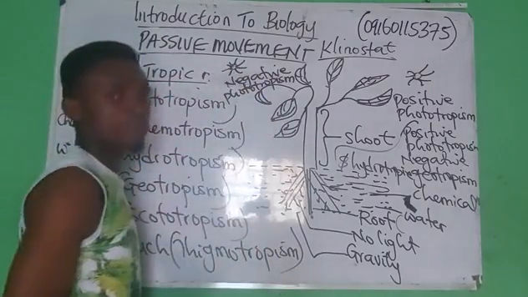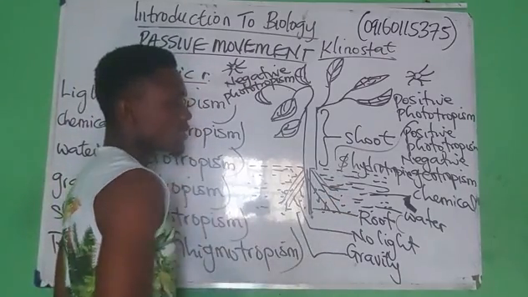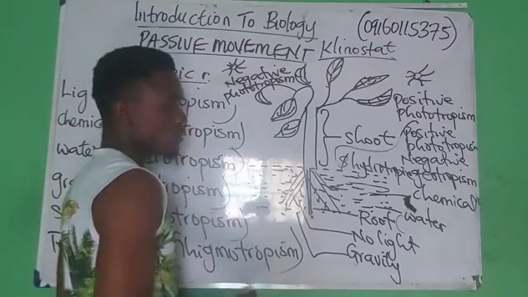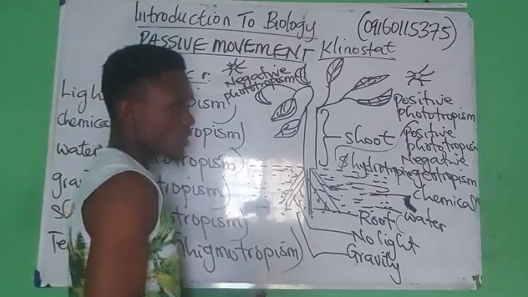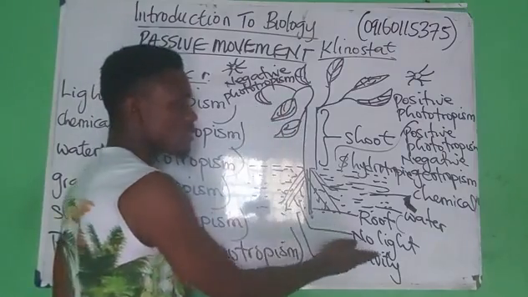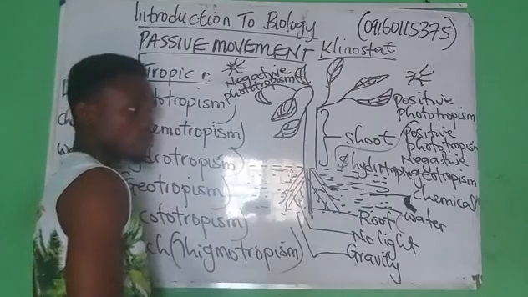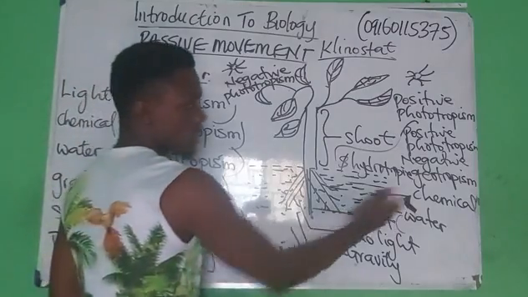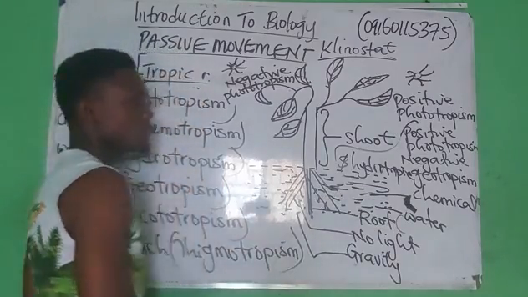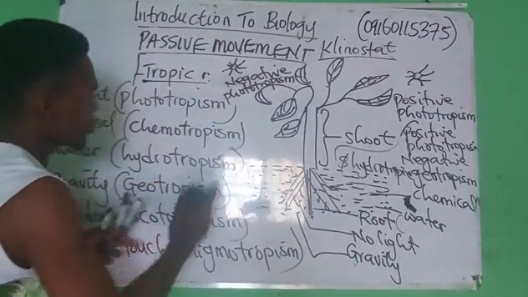Negative phototropic. Around this region you have water. The roots of a given plant are both positive geotropic and positive hydrotropic. But the root of the plant is negative phototropic because it's bending away from sunlight, all right? Then what about chemical? It is positive chemotropism. That is for one illustration.